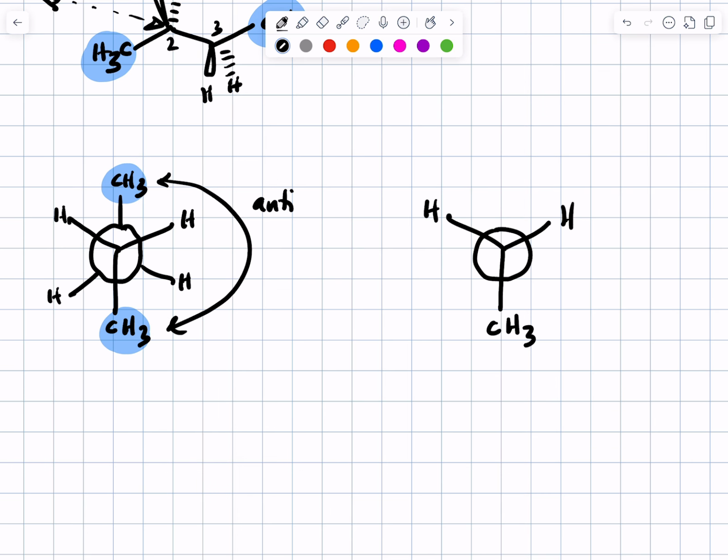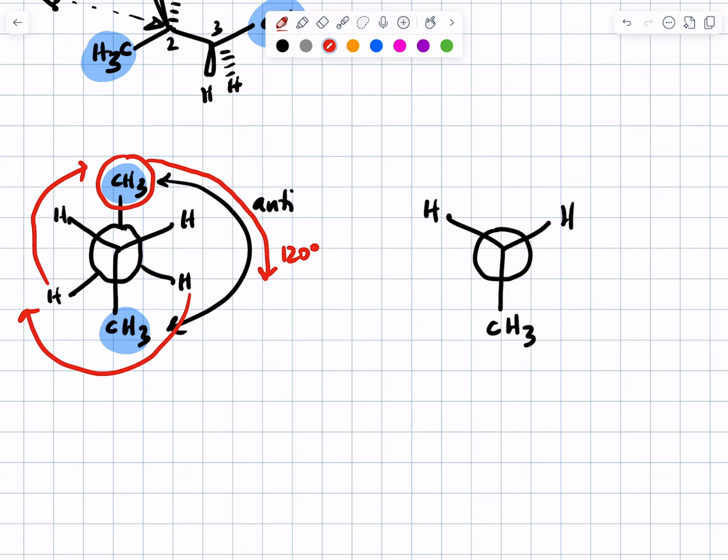And then I like to take the methyl group in the back, and we're going to rotate it 120 degrees so that each of the substituents on the carbon in the back trade places. So the methyl group would end up here, and the hydrogens would end up there. Here, the torsional angle between the two methyls is 60 degrees, or gauche. Okay?